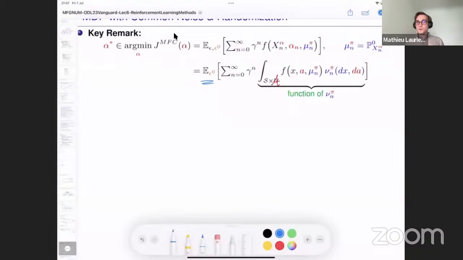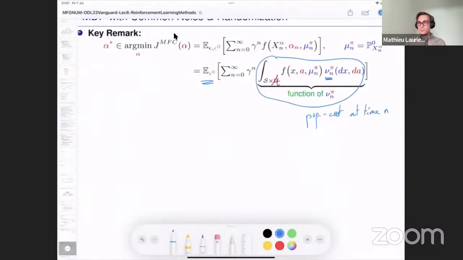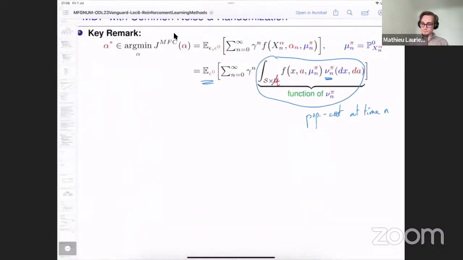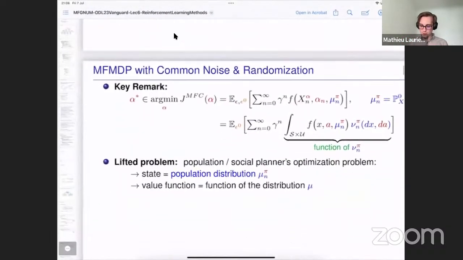So I cannot know exactly the evolution of the distribution, but if you give me the state action distribution at time n, then I integrate it and I get the cost for the population. So this is the population cost at time n, paid by the whole population, the mean field population. But this distribution is stochastic because of the presence of the common noise. So I need to have this expectation outside.